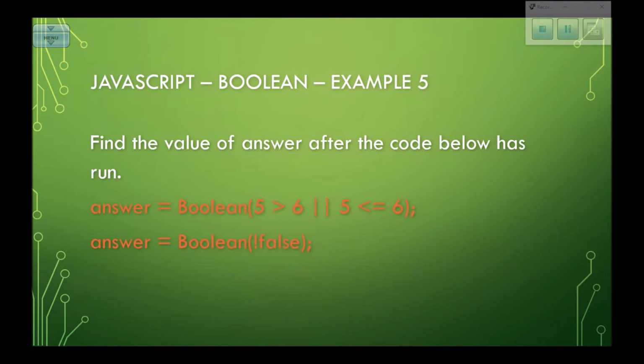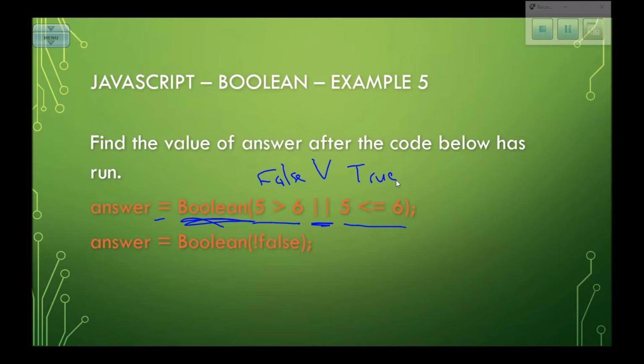Okay, again, let's do another one like that. So answer is whatever I get from finding the Boolean value of 5 is greater than 6. 5 is not greater than 6, right? Good. Or 5 is less than or equal to 6. 5 is less than 6. So true.